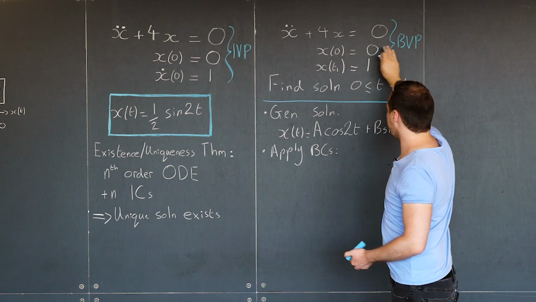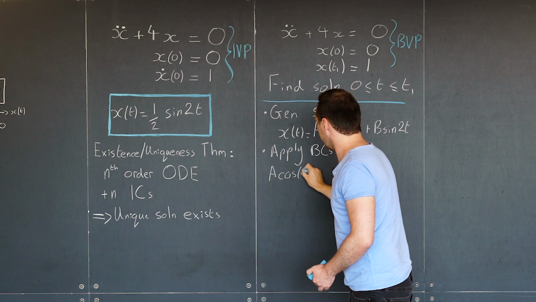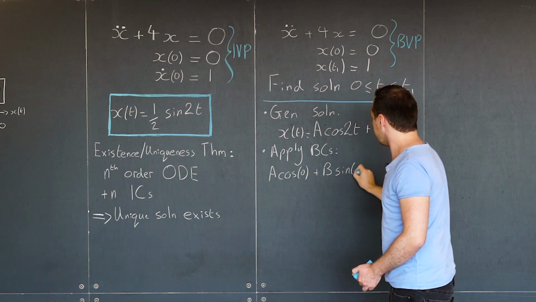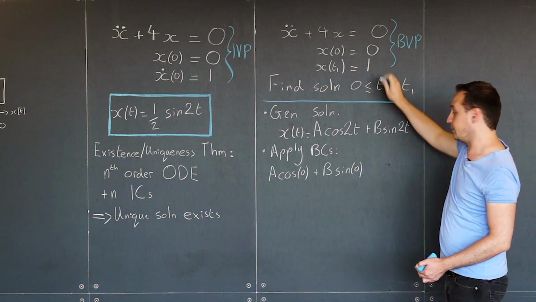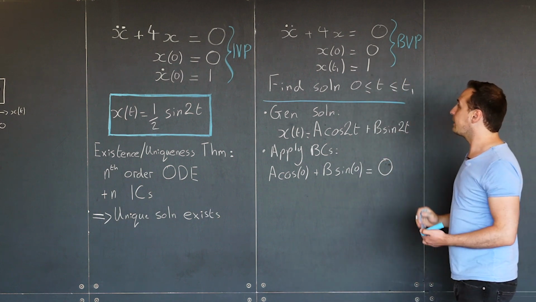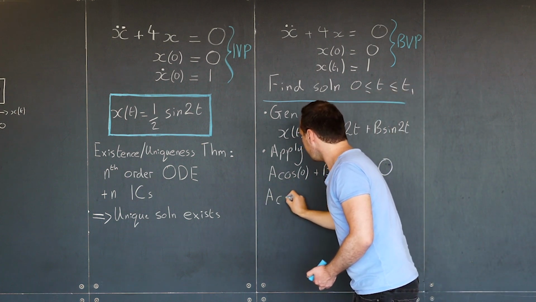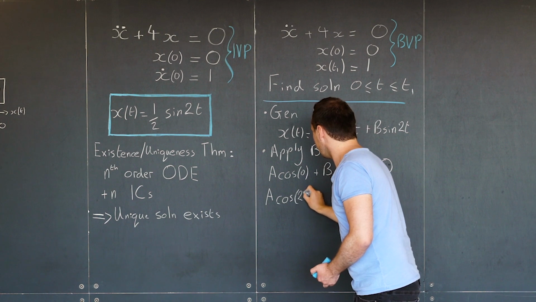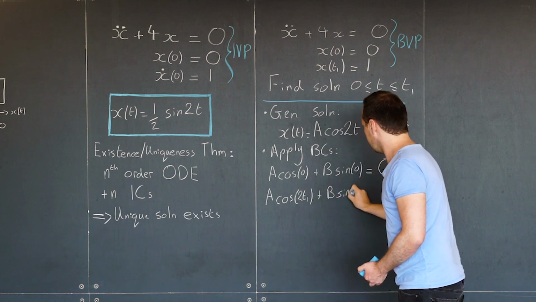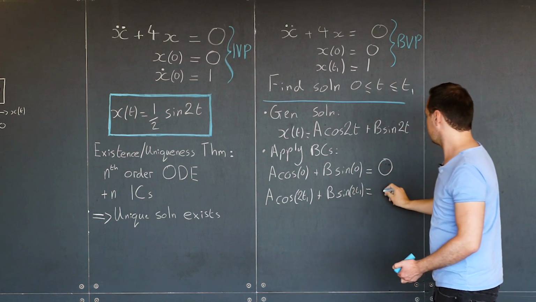So the first condition will tell us that a times cosine of 0 plus b times sine of 0 has to equal 0. So that's our first boundary condition. And then the second boundary condition will tell us that a times cosine of 2t1 plus b times sine of 2t1 has to equal 1.